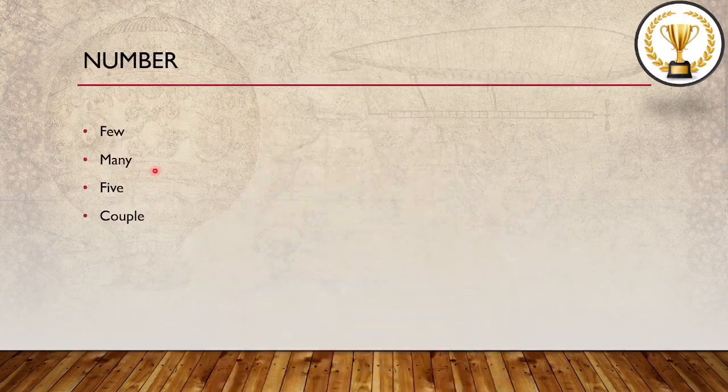Next one is number. You can say few, many, 5, couple. You can say few animals, many books, 5 friends, couple of people. So all these nouns, friends, paper, books, people, are nouns. So it is described with a special description of number with these examples as adjectives: few, many, 5, couple, right?